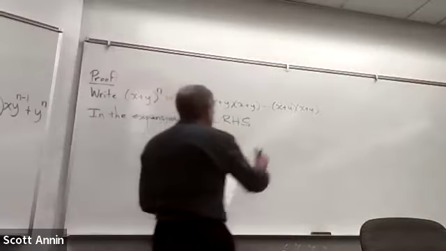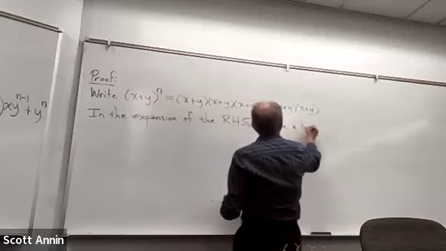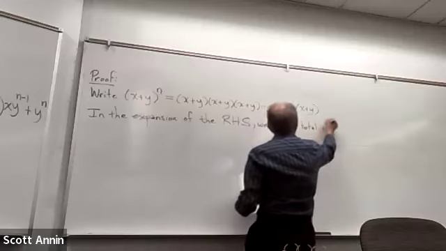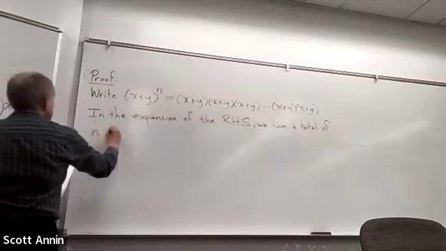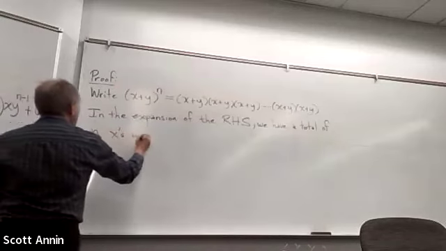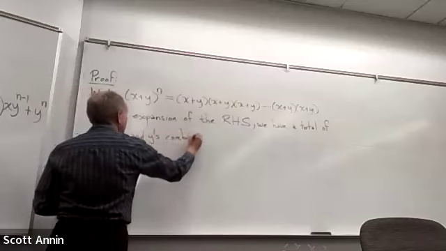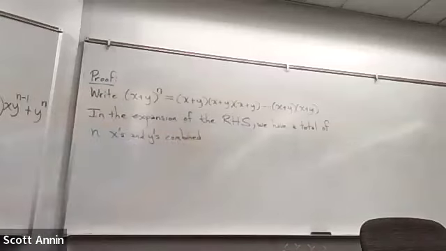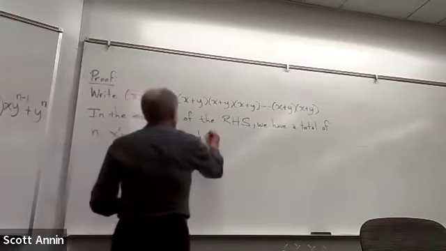In the expansion of that, we have a total of n x's and y's combined. So if I count all of the x's and the y's, there would be n x's and y's combined in each term.